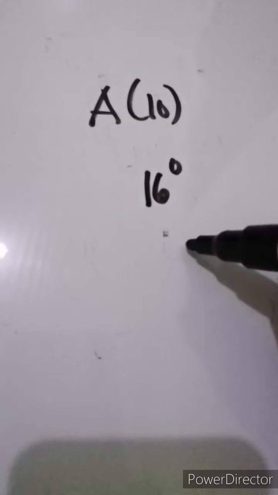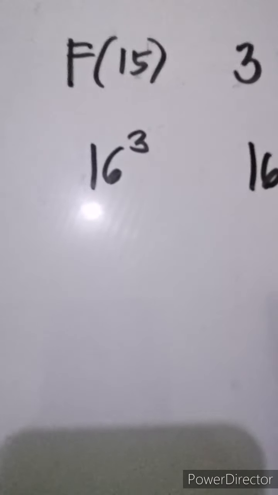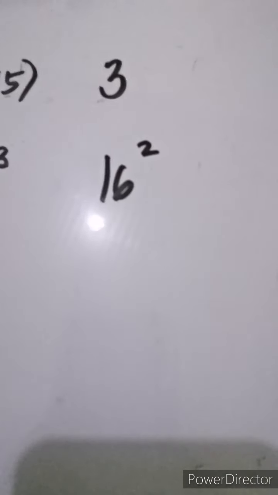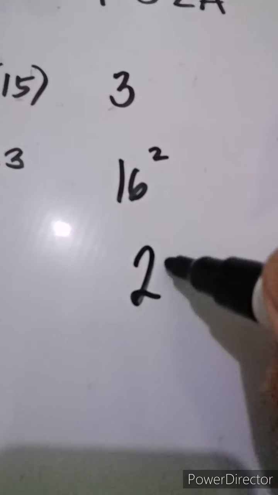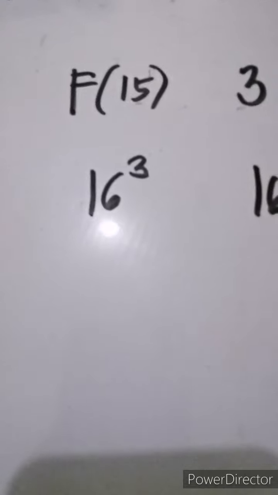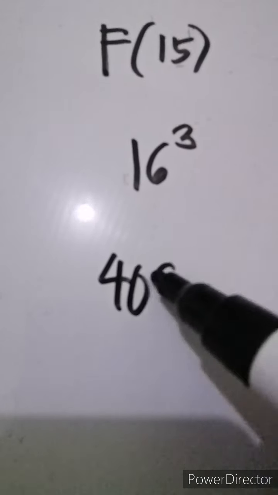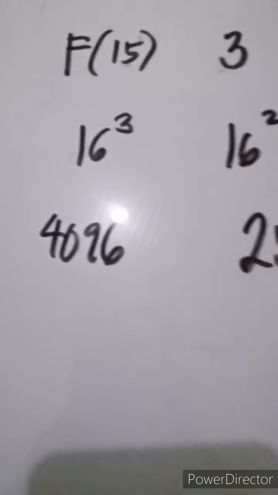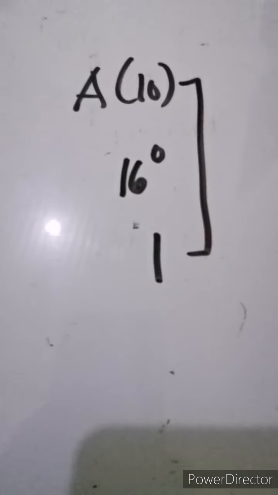Okay, any number raised to 0 is equal to 1, and then we have the 16. And then we have the 16 squared. So, 16 squared is 256 and 16 cubed is 4,096.